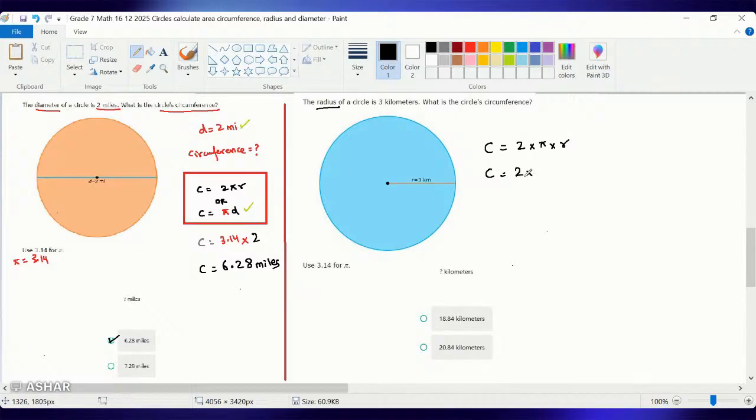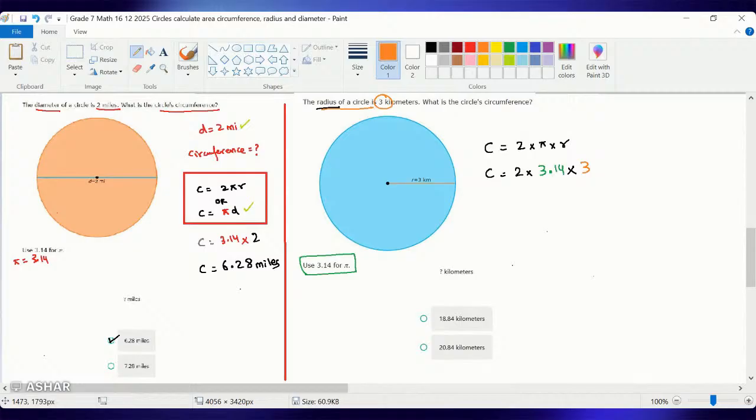The value of pi is always 3.14, multiplied by the radius, which is 3 kilometers.